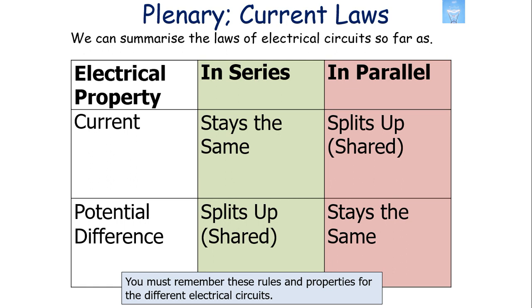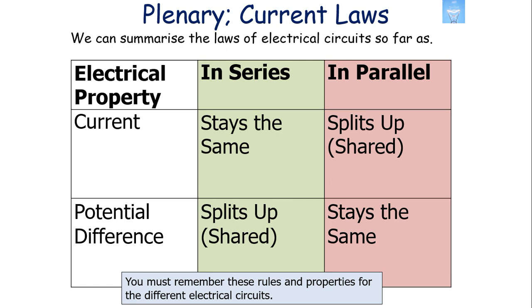So, to summarise the laws of the electrical circuits, what do we know? That the current, okay, in series it stays the same, but in parallel it splits because there are junctions, there are more than one path, and the charge will split down the different paths. But in potential difference, in a series circuit, it will split between the different outputs because fundamentally the potential difference in has to equal the potential difference out.